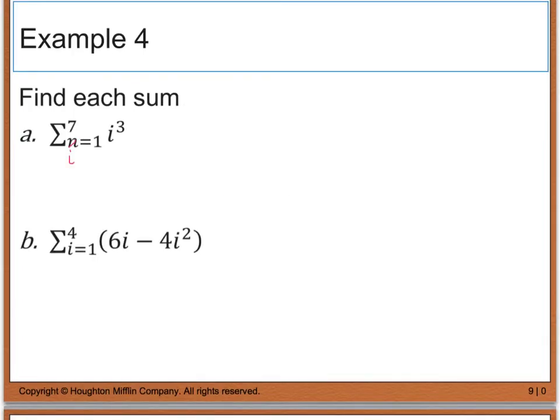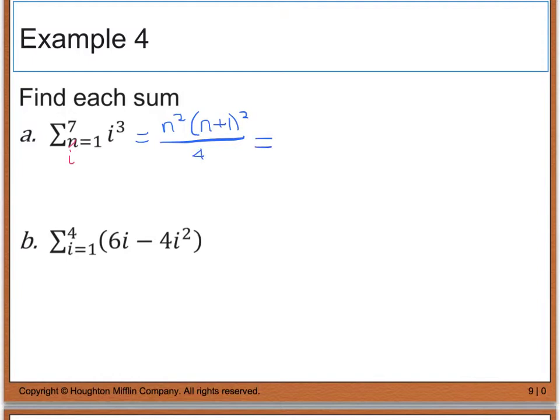So for example 4, part A, we want to find the sum from, and I apologize, this here should be an i equals 1 to 7 of i cubed. Now because i cubed is one of those sums of powers of integers, we can go ahead and use the formula. And if you have your book open or recall, that i cubed was equal to n squared times the quantity of n plus 1 squared divided by 4.